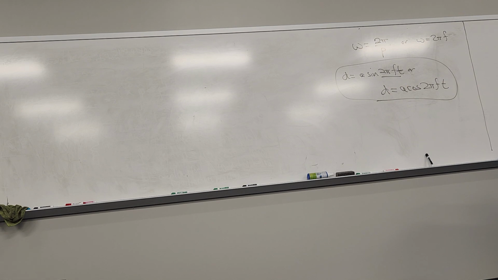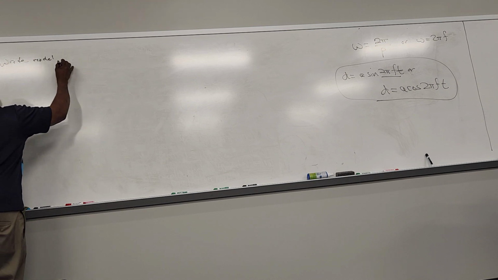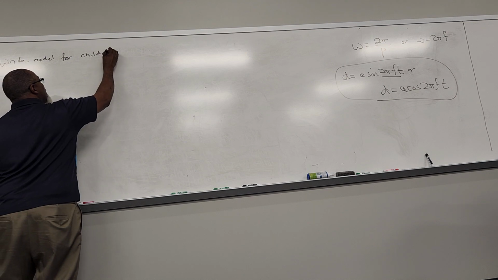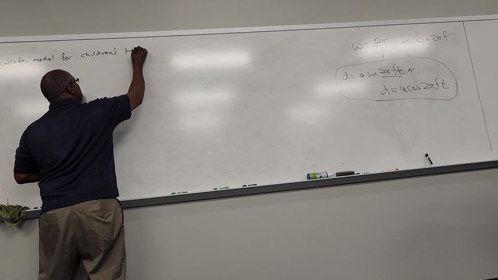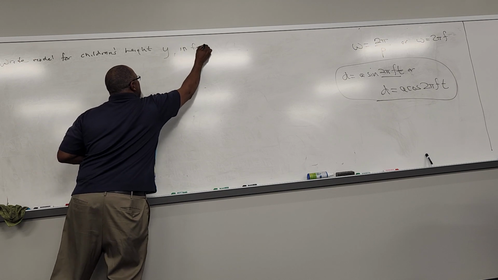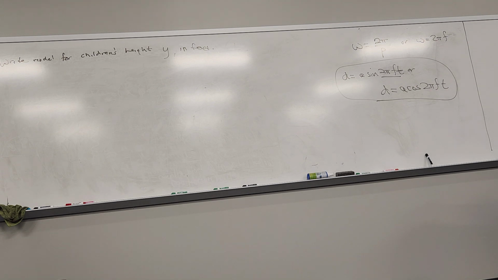Part B says write a model representing the children's height, y. Right, model for children's height, y, in feet. Okay, I want to write a model that represents their height in feet.